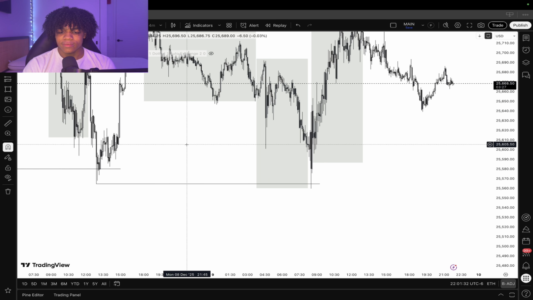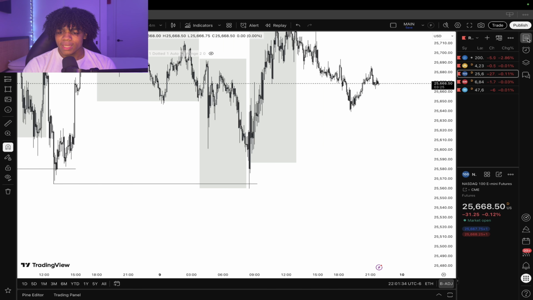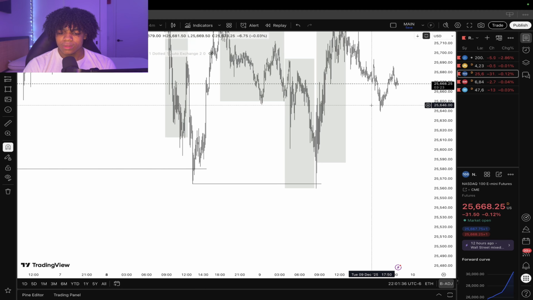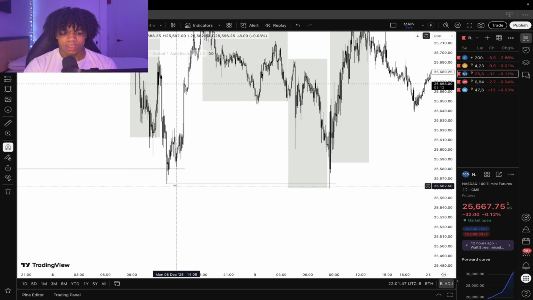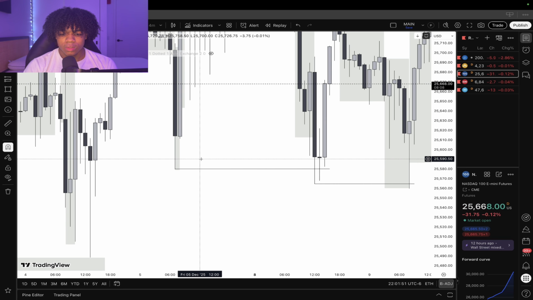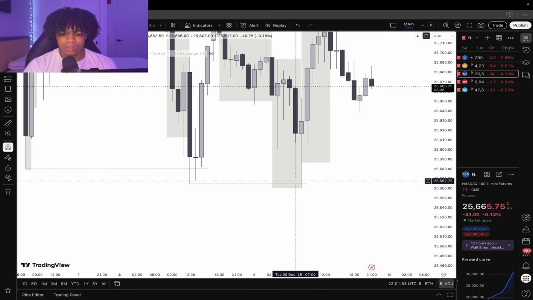After we took out that previous day low, look at what we had created, all right? So an SMT divergence is between two different pairs, right? And in this case, the closest correlating asset to NASDAQ is the S&P 500 or ES, right? So you see that NASDAQ works to take out this external low, right?